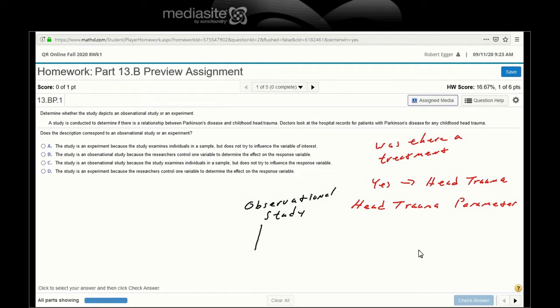where they looked at lots and lots of records. The question was, head trauma? No. No. Head trauma?